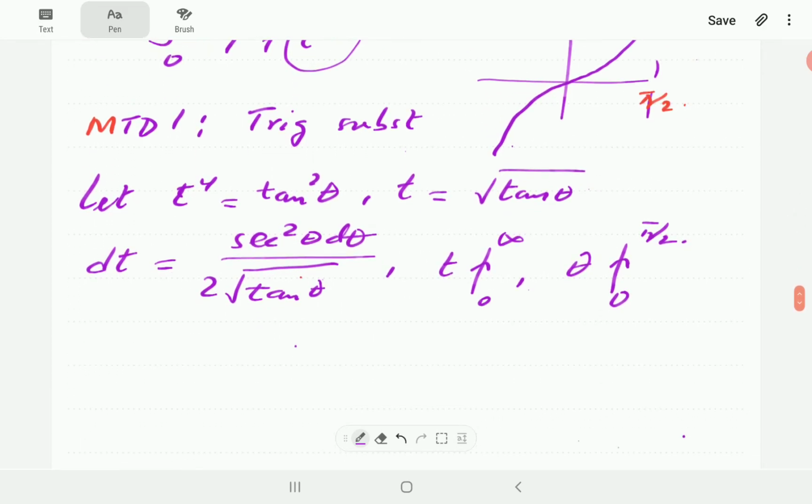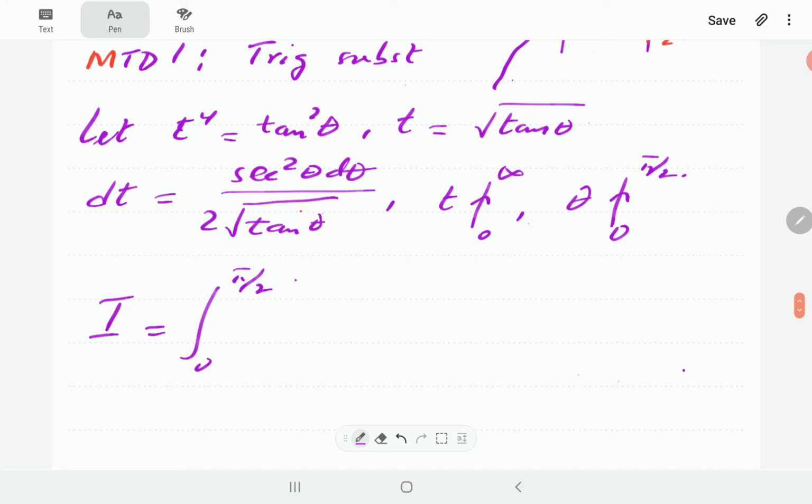Then our integral can be expressed as the integral from 0 to pi on 2. dt is secant squared theta d theta. We have 2 times square root of tangent theta here.